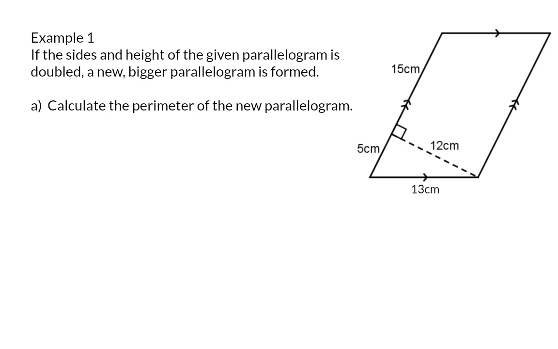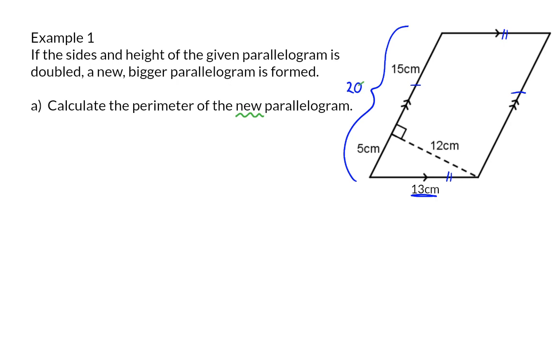Example 1. If the sides and height of a given parallelogram is doubled, a new, bigger parallelogram is formed. Calculate the perimeter of the new parallelogram. We already know that the 2 pairs of opposite sides of a parallelogram are equal in length, and that we have one side of 20 centimeters and the shorter side is 13 centimeters. For the new parallelogram to form, all the dimensions are doubled.